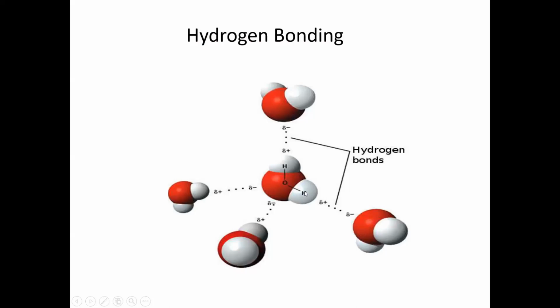So this hydrogen atom here, which is positively charged, will form a dipole, and this oxygen in water is partially negatively charged. So there's an attraction between them. Remember, opposites attract. So this hydrogen would have an intermolecular force of attraction to this oxygen.